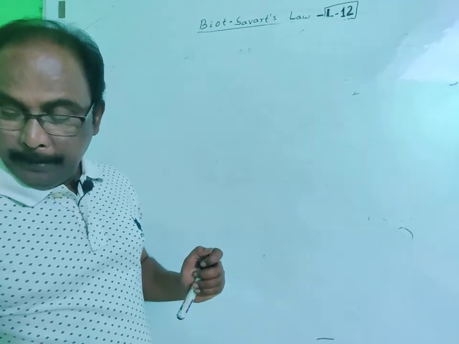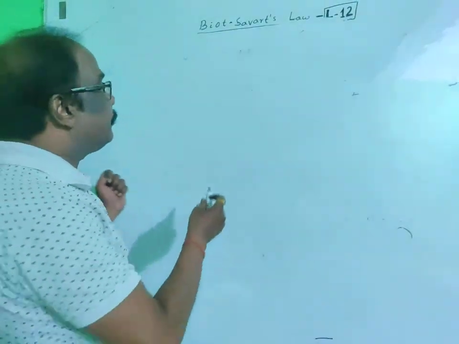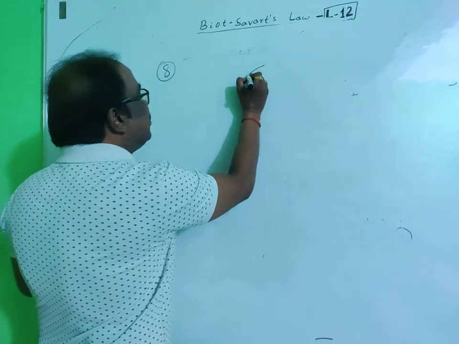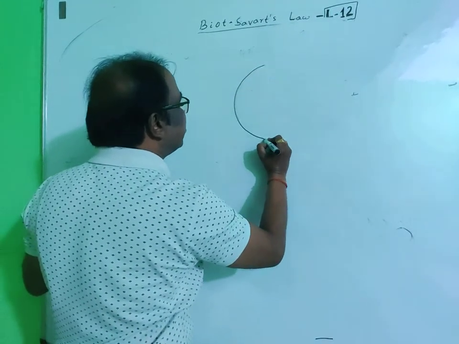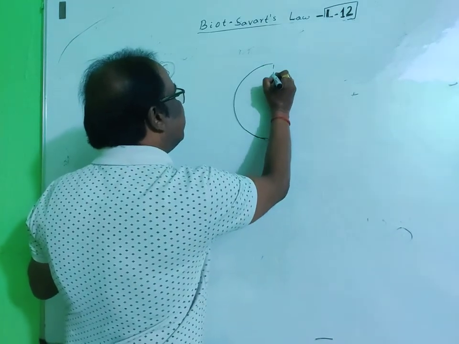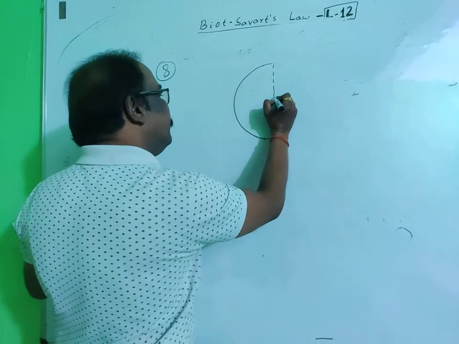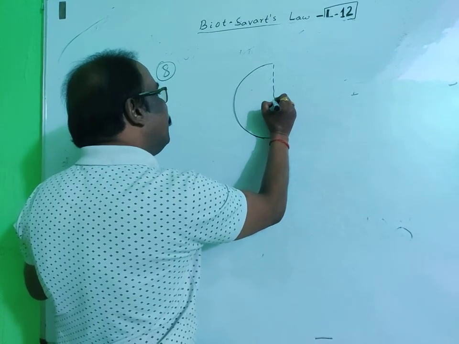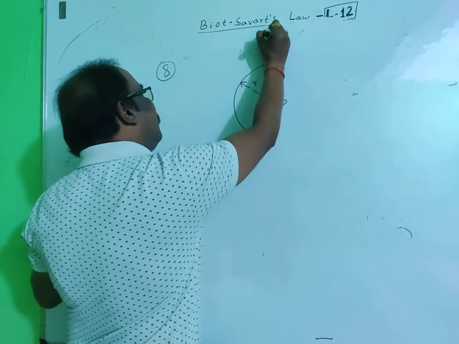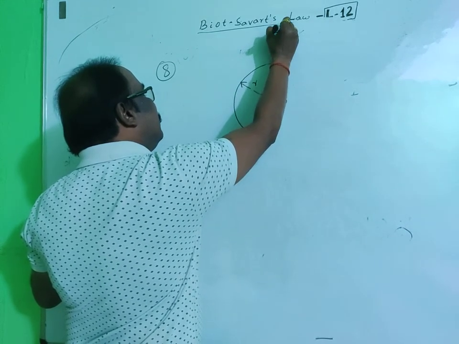Then question number 8. This is also a good question. Again, this is a semicircle. This is the center of the semicircle, O. Radius is R. This is a straight conductor of infinite length in one direction.